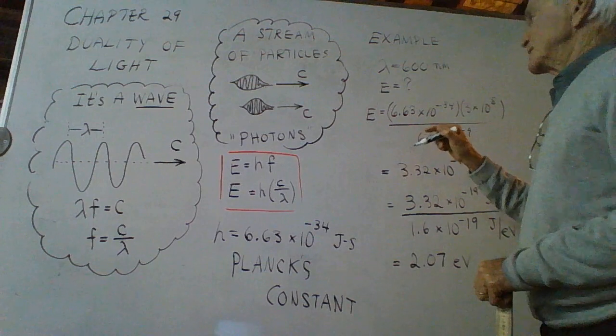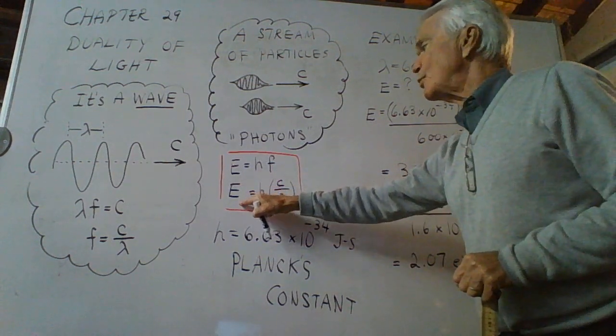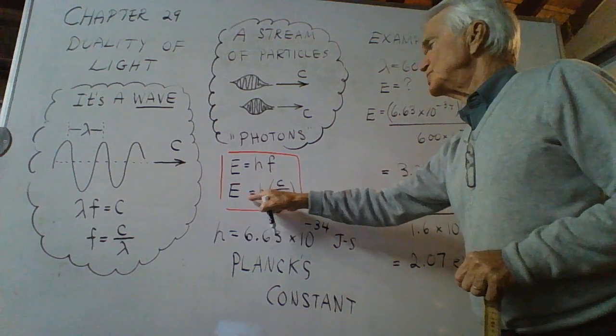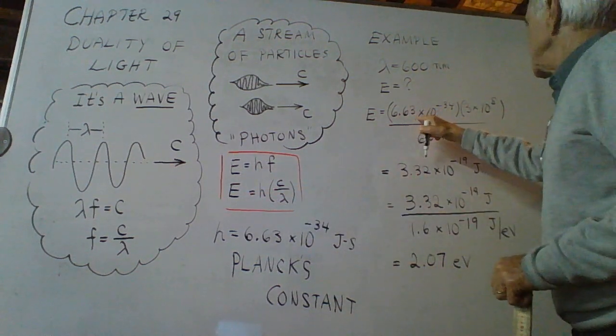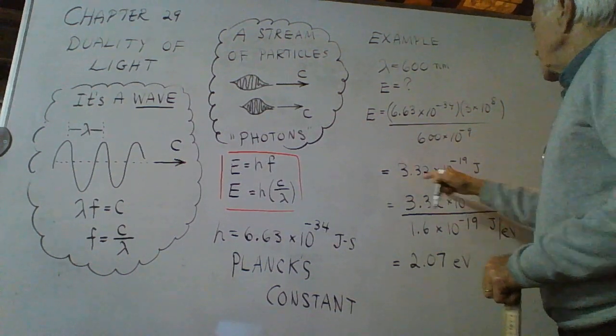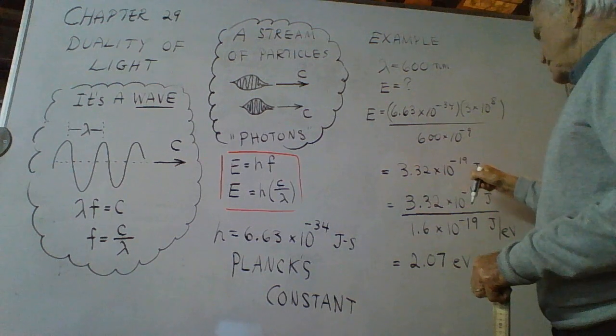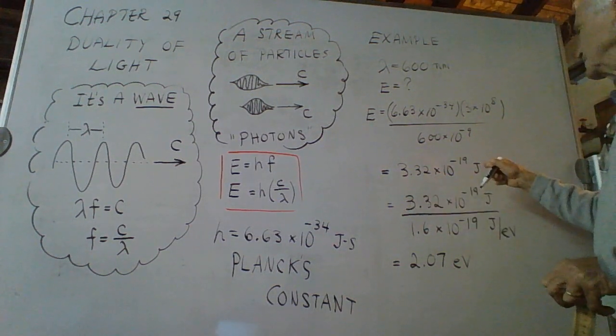What is the energy of a given photon? Well, I'll put to use the second of the two different forms of the photon energy equation, h times c over lambda. There's your h, there's your c, there's your lambda in meters. And this works out to that number there in joules. It's an awkward number.